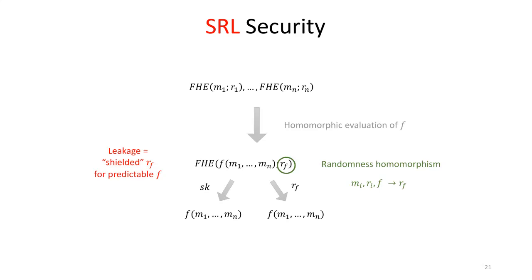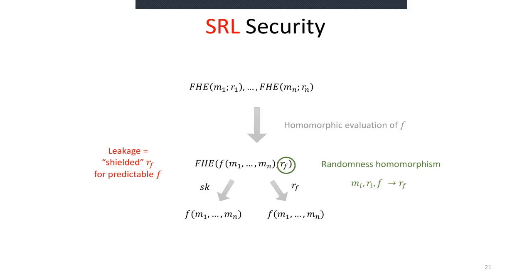And the second remark is that even if f is a very predictable function, let's say a constant function that outputs 0 no matter what the message is, if you give sufficiently many R sub f, that's going to break the security, at least for the particular scheme that we consider. So you need not just R sub f, but shielded R sub f. Without the shield, it's actually insecure. And with the shield, we will prove it is secure under LWE.